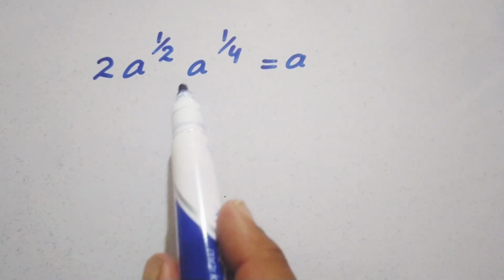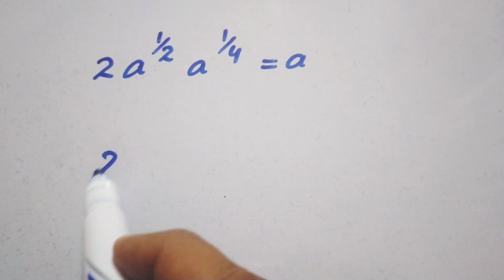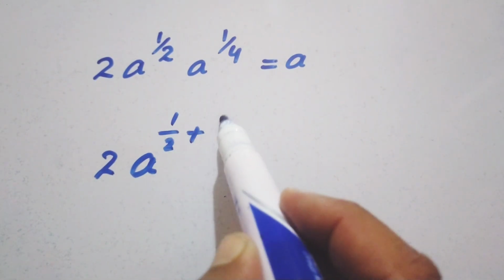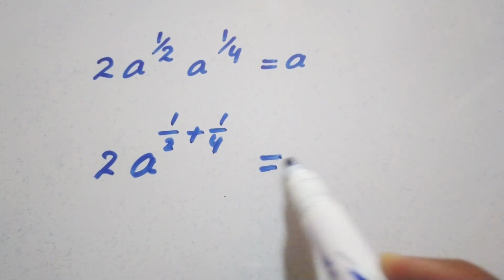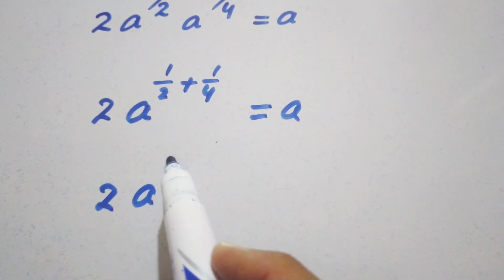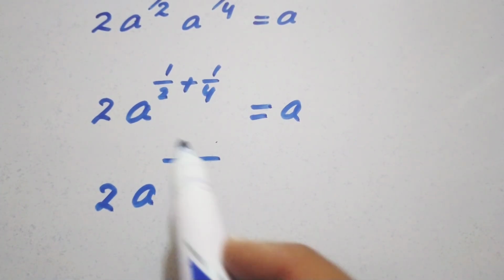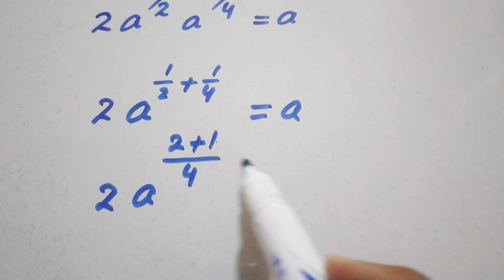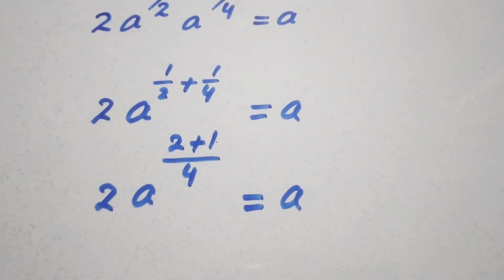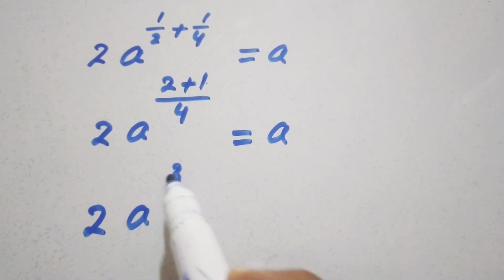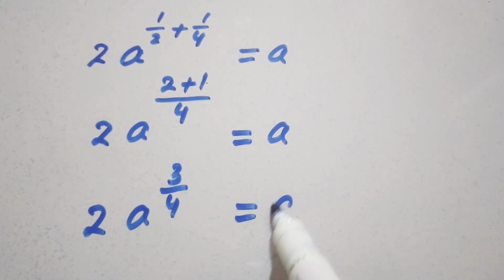Now when the bases are same and multiplying each other, then their power will be added. So this will become 2 into a power 1 by 2 plus 1 by 4 is equal to a. This will become 2 into a power, we will take LCM, which is 4, and 1 by 2 multiplied by 4 we get 2, plus 1, is equal to a. So now this will become 2 into a power 3 by 4 is equal to a.